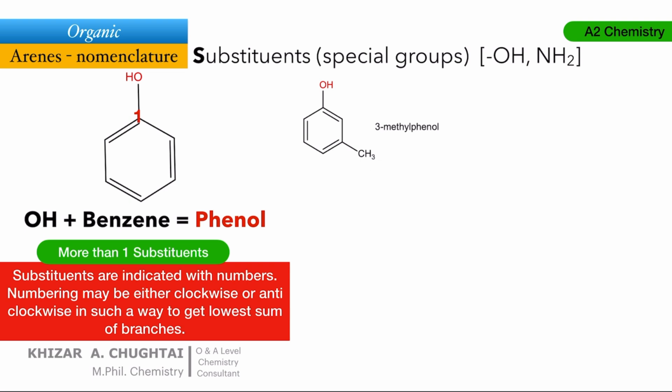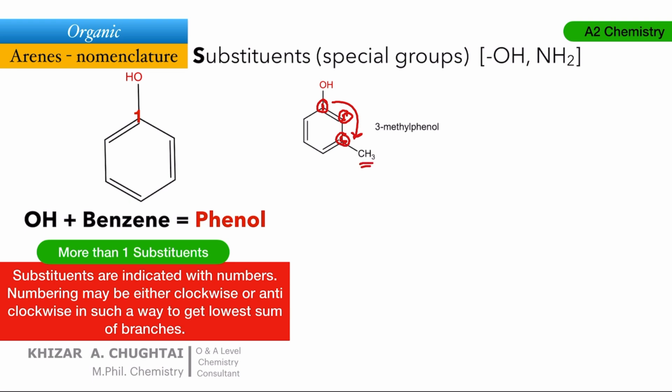Now it's time to mark the numbering. As you know, it's carbon number 1 due to the special group. So I'm going to mark the numbering clockwise and anti-clockwise. If we move clockwise, then this is position number 2, this is position number 3. This methyl group is present at 3 position.